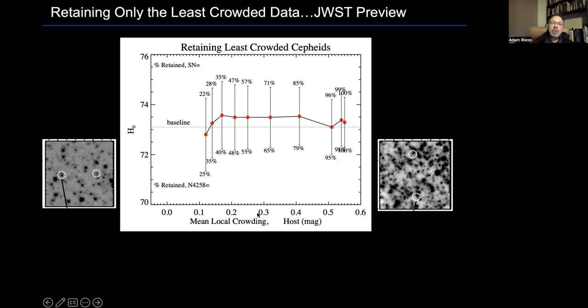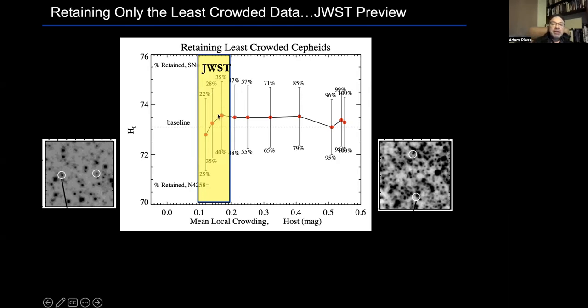And so we can do a test of what ought to happen when we use JWST simply by taking the data that we have and progressively eliminating the most crowded objects. When we get down to about the least crowded or most empty third of the data, like you see on the left here, that's the kind of resolution that JWST will give us.